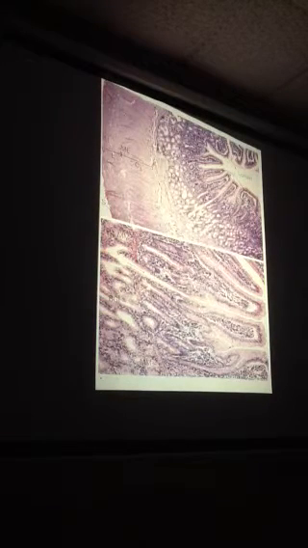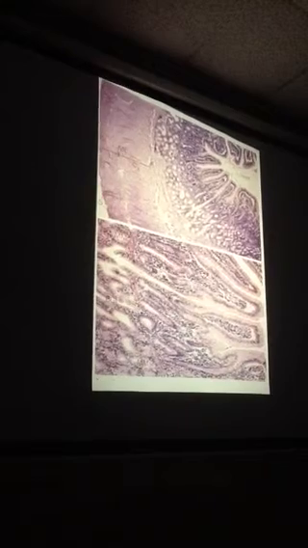Whenever you see Brunner's glands, always equals duodenum, the first part of the small intestine. So villi always equals small intestine. Brunner's glands always equals duodenum. Okay?